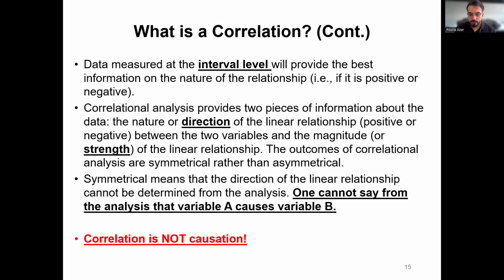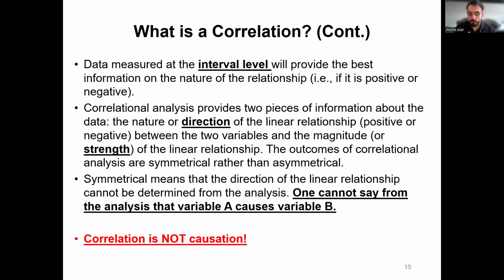If you remember from the first module when we talked about the levels of measurement, we had four levels: nominal, ordinal, interval, and ratio. The interval and ratio levels of measurement will provide the best information on the nature of the relationship, whether it is a positive or negative relationship.